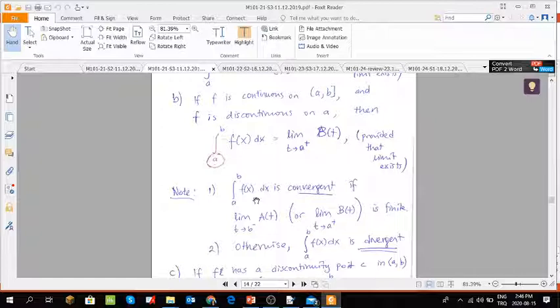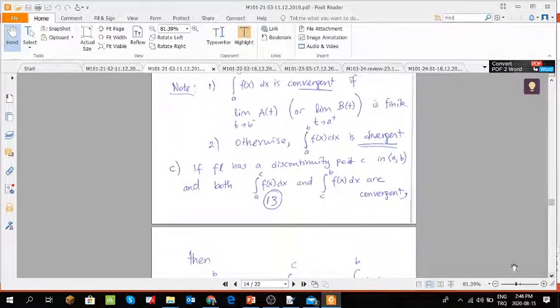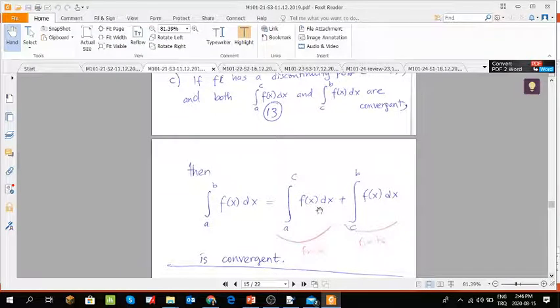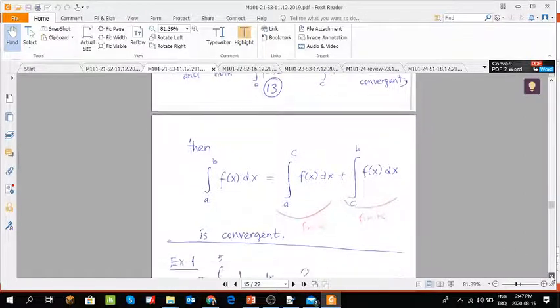This integral is convergent if the limit exists and is finite. It is divergent otherwise. We may have a discontinuity point inside the interval, then we separate it into two pieces and handle these two separately. We say this is convergent if both of them are convergent, otherwise it is divergent.